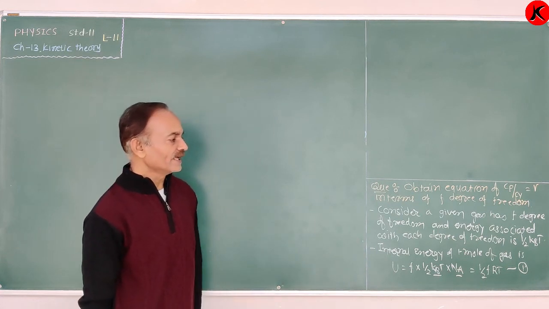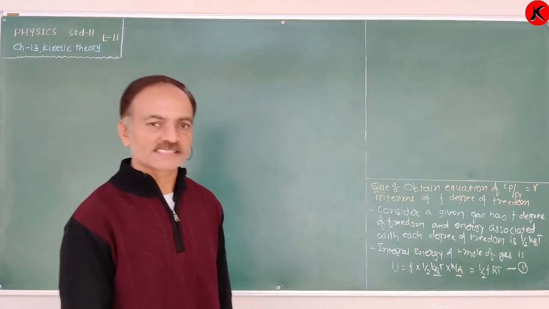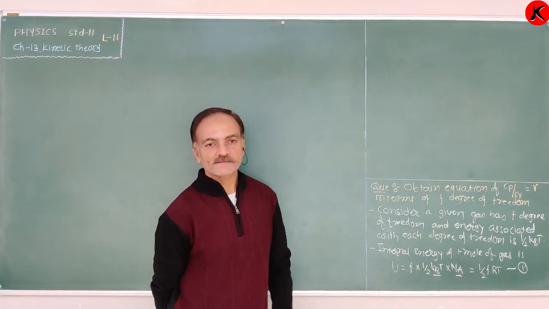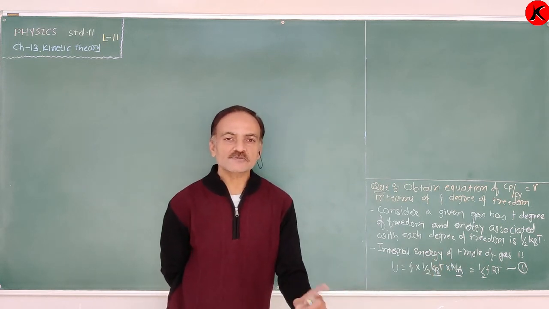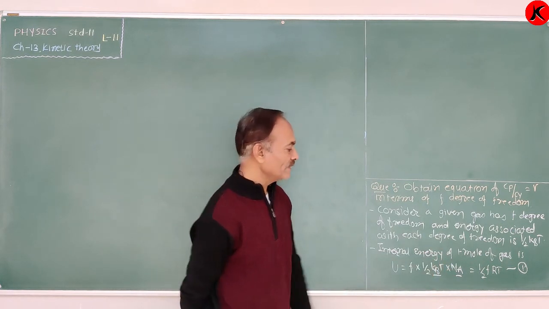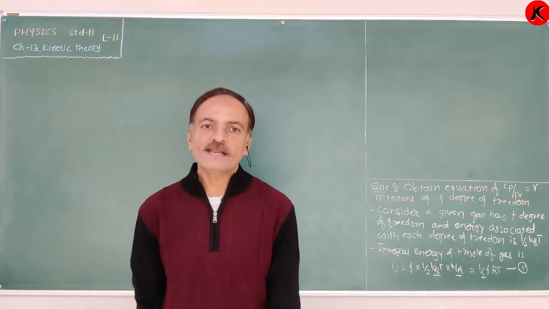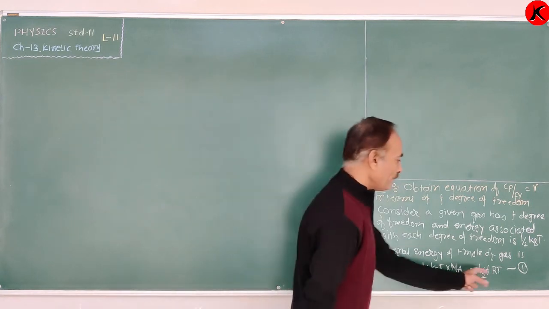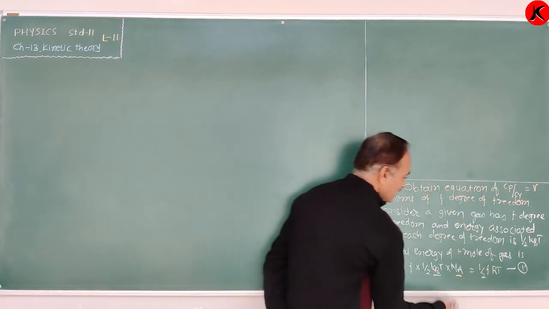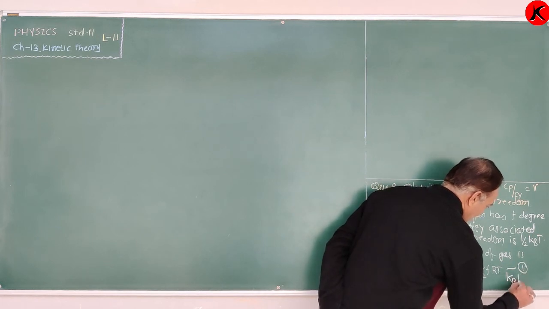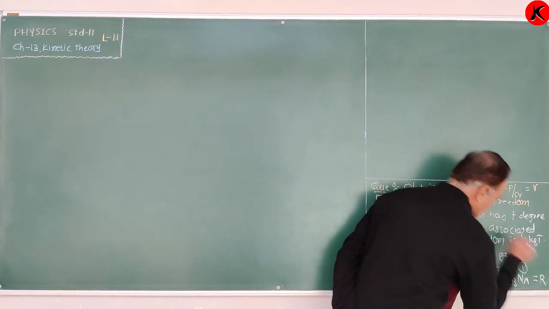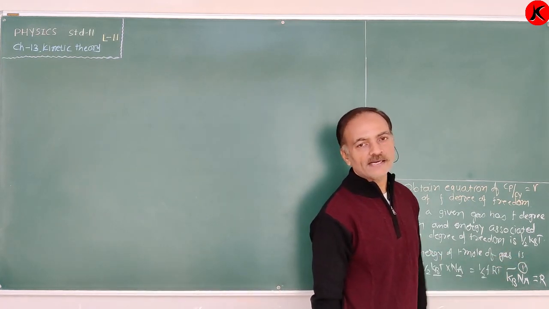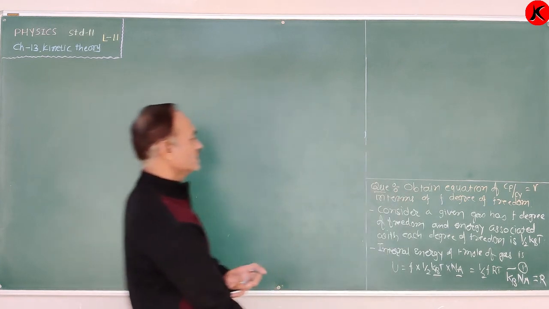Therefore, internal energy of 1 mole of gas U is equal to number of degrees of freedom into half kBT, the energy associated with each degree of freedom, into Na. Na is the number of molecules in 1 mole of the given gas. So it's equal to half FRT, because kB into Na is equal to the universal gas constant R. Half FRT.